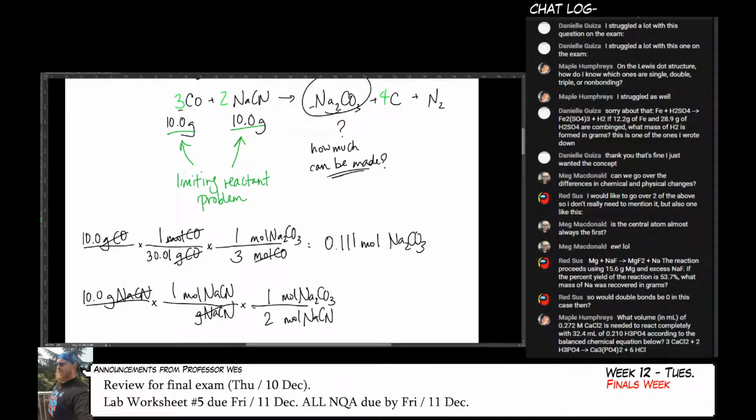NaCN, 49.01. I didn't cancel these out. So 10 divided by 49.01 times 2. It's going to be remarkably close, and I just sort of picked a number.